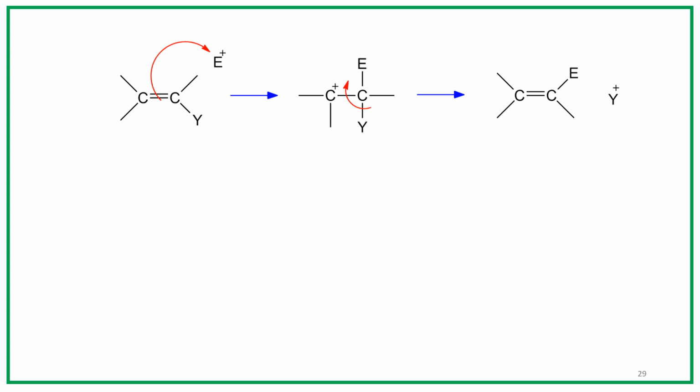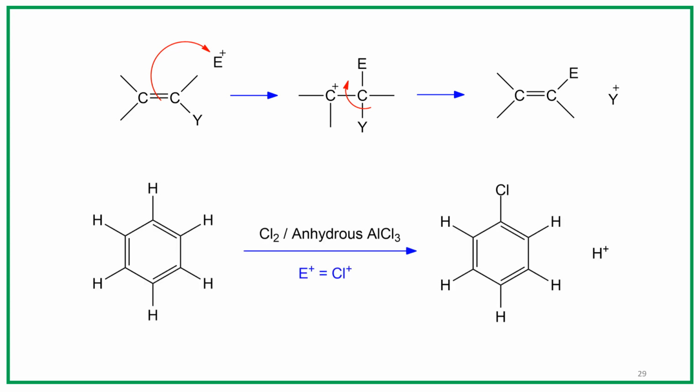So what will happen? E plus came and Y plus left. So therefore E is substituted for Y. E plus is an electrophile, substituting for Y. Therefore this kind of reaction we call electrophilic substitution. This is an example of electrophilic substitution. Chlorine with anhydrous AlCl3 forms Cl plus electrophiles.